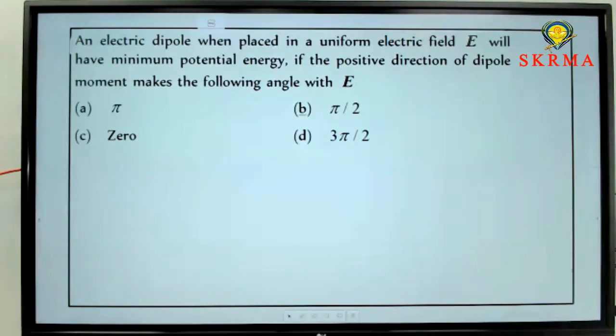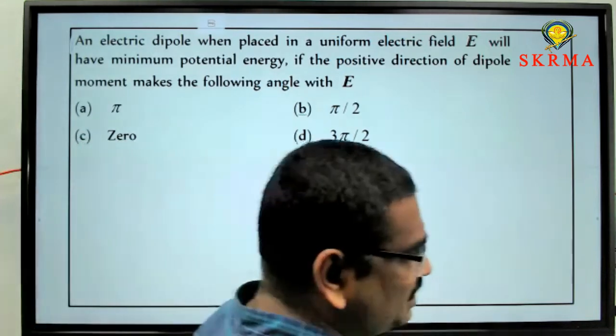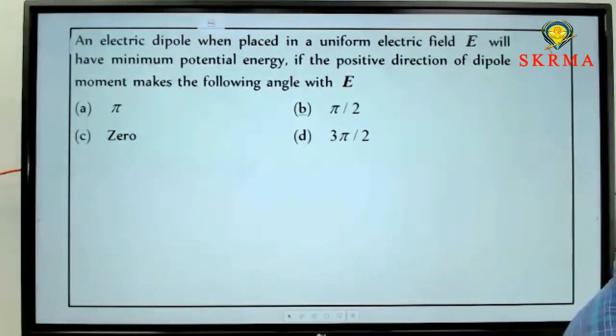Go through this first problem and try to solve it. An electric dipole, when placed in a uniform electric field E, will have a minimum potential energy if the positive direction of the dipole moment makes which angle with the electric field? He is asking about minimum potential energy.